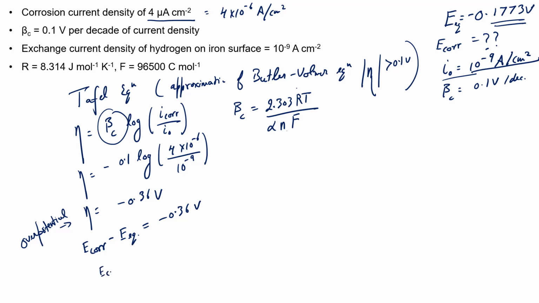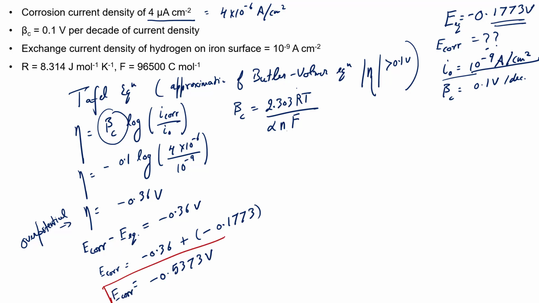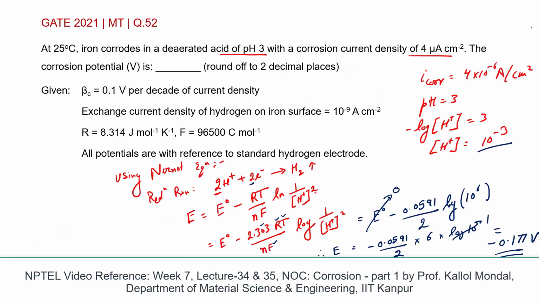So the corrosion potential is nothing but minus 0.36 plus minus 0.1773 volt. Upon solving we will get minus 0.5373 volt. So this is the value that we were looking for, the E corr value.